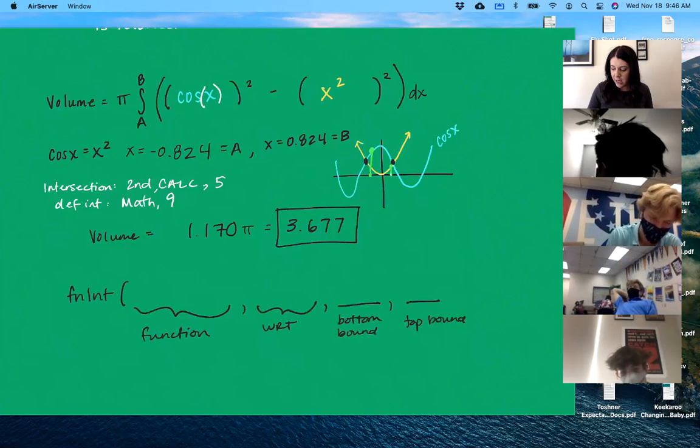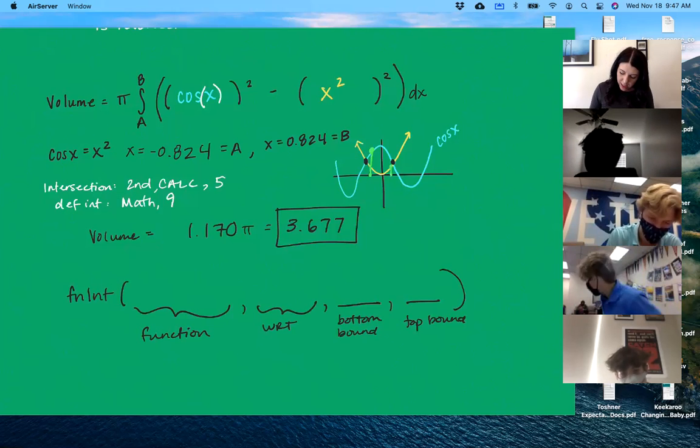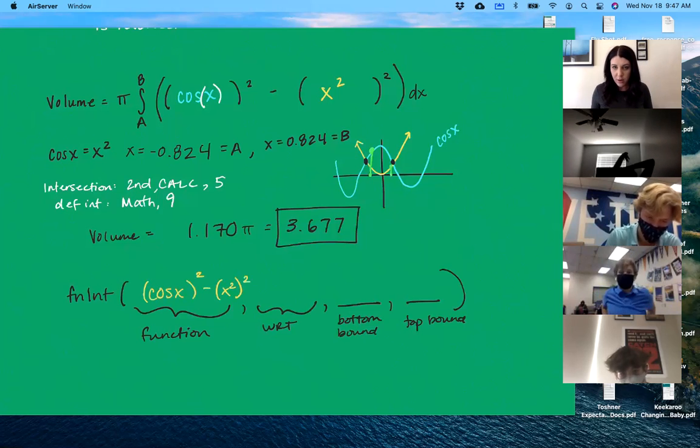So filling this in, we would have, in your case, cosine x squared minus x squared squared with respect to x from A to B.